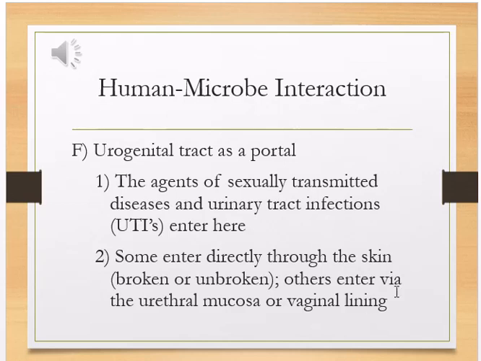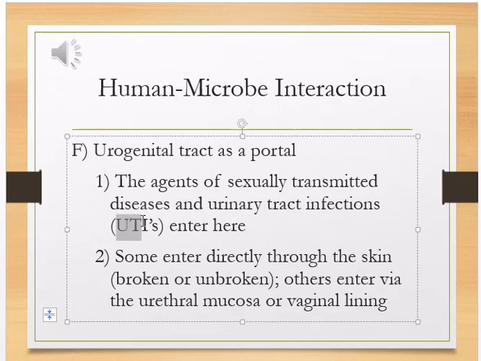But still, many times we hear that females suffer from UTI, urinary tract infection. This is because the urethra of the female is very, very short, and therefore the entry of germs is much easier there than in males. In the male, the germ has to travel quite a long distance. As a result, they get flushed and washed away. As a result, males have fewer UTI infections than females.